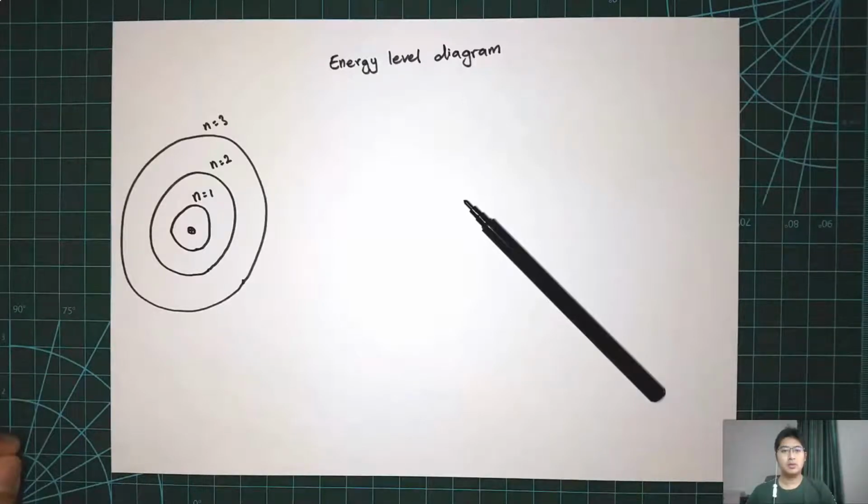So in this video, I'm going to explain the energy level diagram. On your screen is the energy level of the atom in the form of orbits: orbit 1, orbit 2, orbit 3. So the orbits also represent energy level 1, energy level 2, and energy level 3.